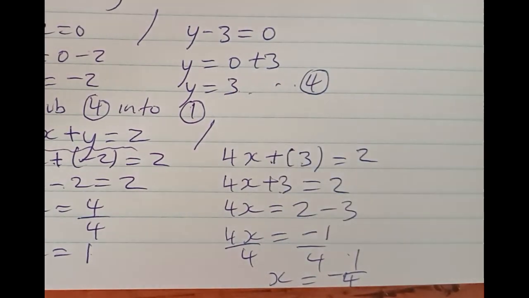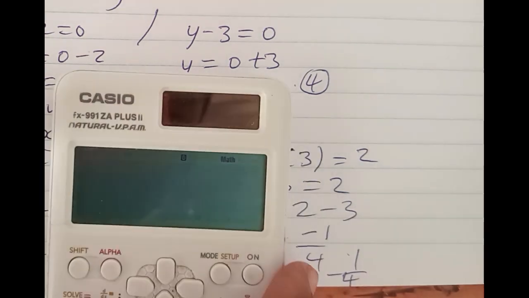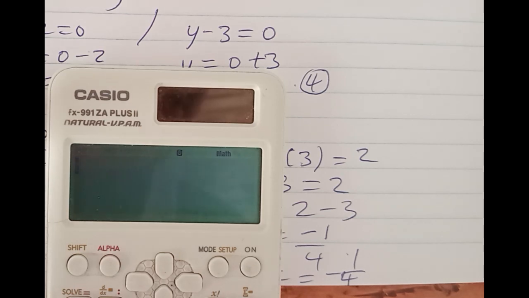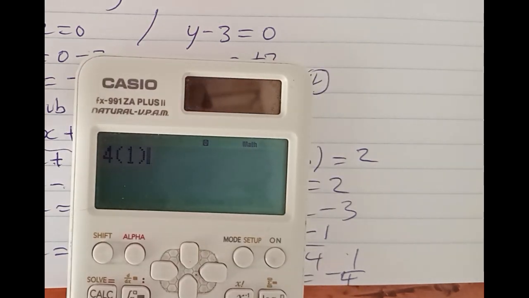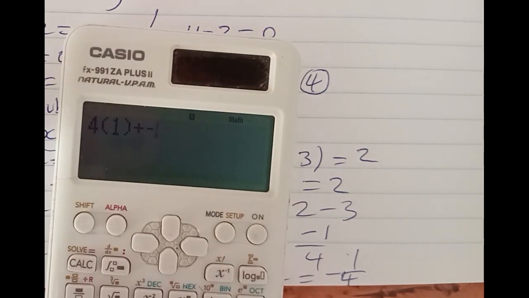But I have to test my answers. Firstly, I'll test with equation number 1. I'll press on my calculator because it's good to check. You can get the values and think your answers are right, you know. So we should check. Equation number 1 says our x value is 1 plus our first y value, and our first x value.